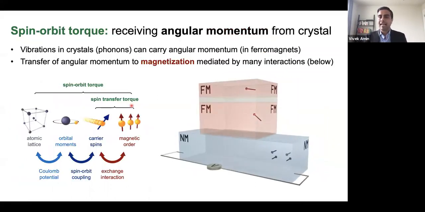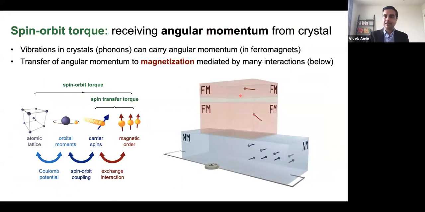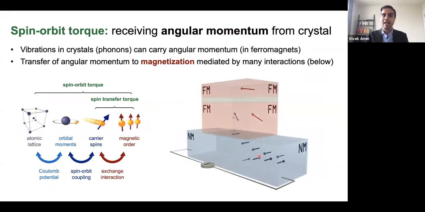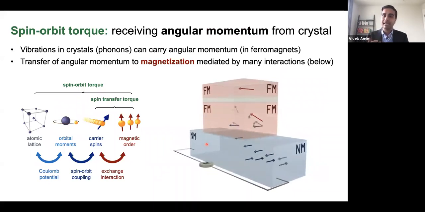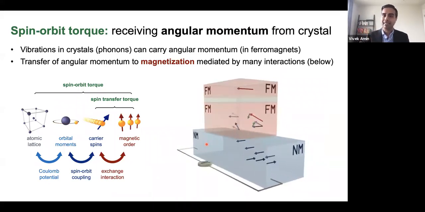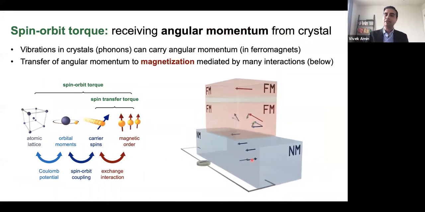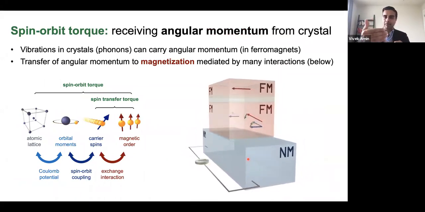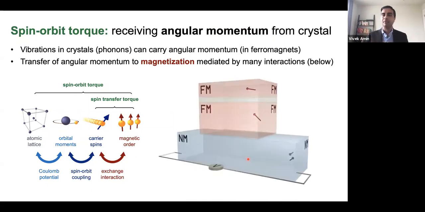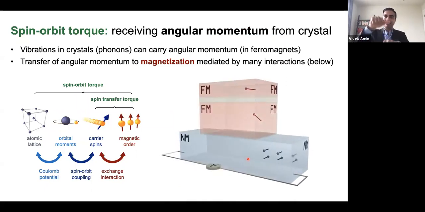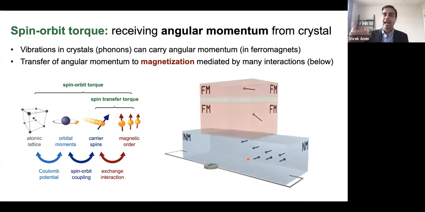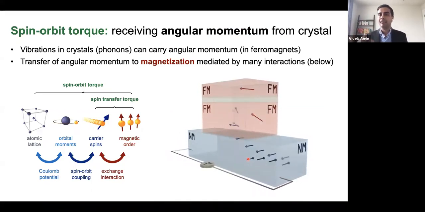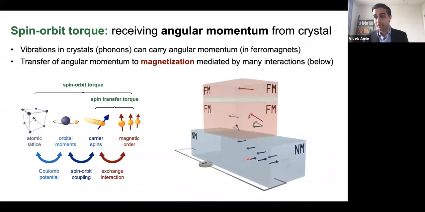And so if you look now at the device that I'm showing to the right, we now have the same magnetic tunnel junction, but we've now put a non-magnetic layer underneath, and we're running current parallel to the interface plane. And what you'll notice is that even though you have this unpolarized current of electrons in the non-magnetic layer, they begin to separate in a spin-dependent way, and that flow of spin angular momentum then flows into the ferromagnetic layer and exerts a spin transfer torque, as I showed you before.